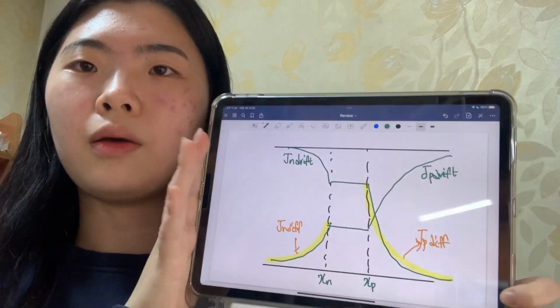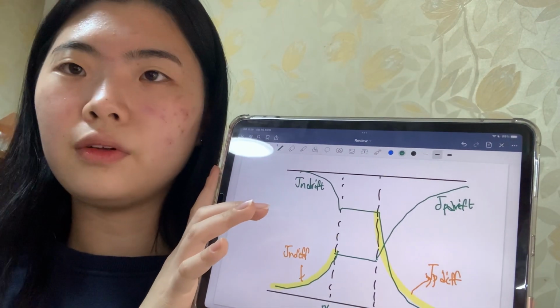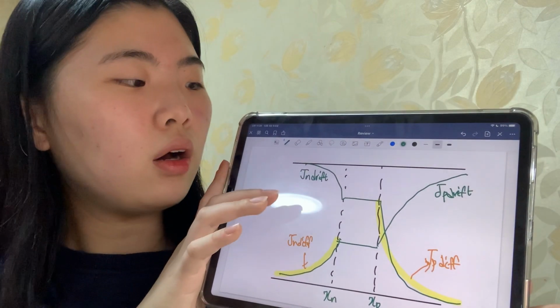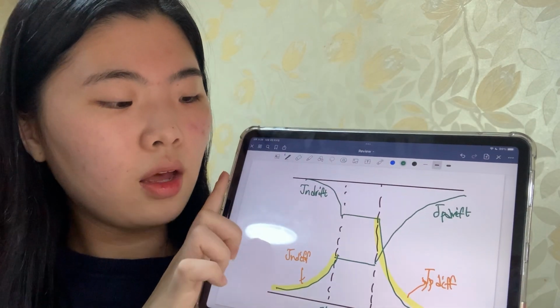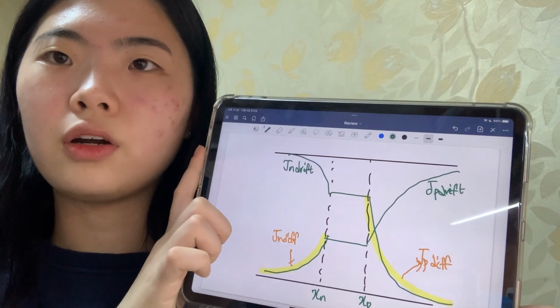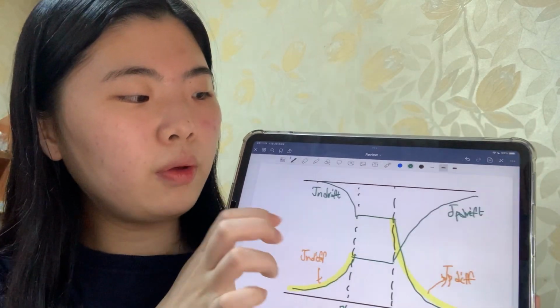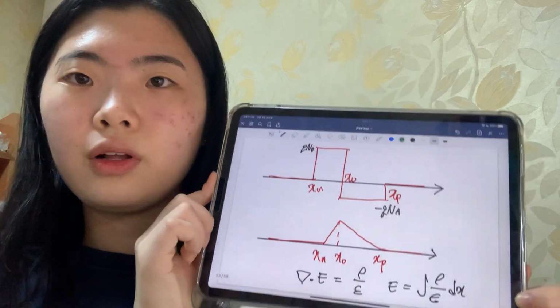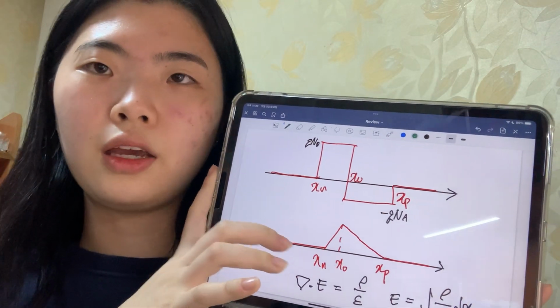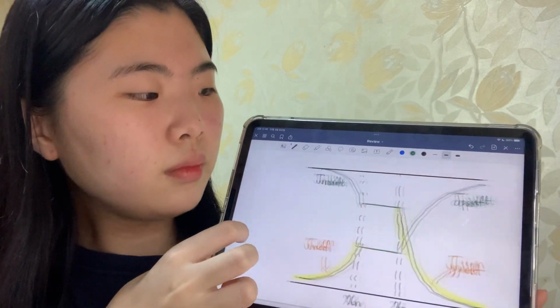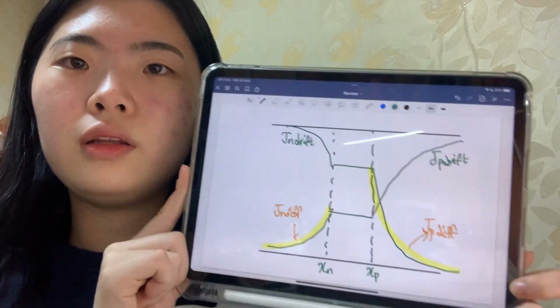However, in this semiconductor, this is a little bit special. For the drift current, on the left side and right side, outside the depletion region, there is no electric field, as in the electric field graph we drew before.